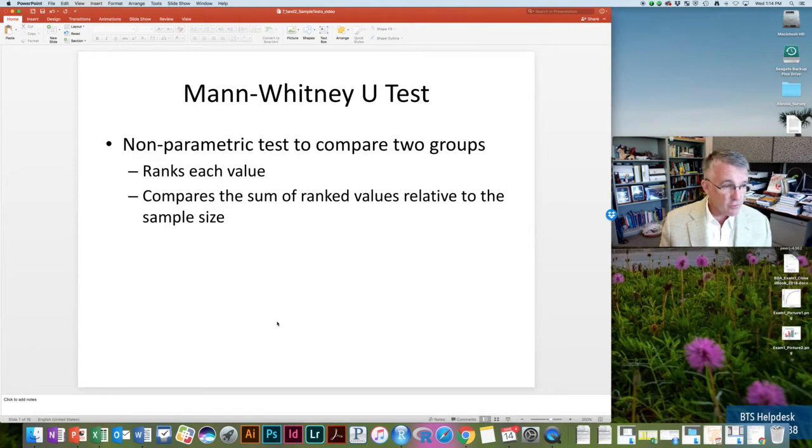So if you're measuring height of individuals to the closest centimeter, instead of actually using 175 centimeters and 155 centimeters and 181 centimeters, what you do is rank them all so that the smallest value gets the rank of 1, the next value gets the rank of 2, and then 3, and then 4, until you get to the highest value, which is your sample size, n. And what the Mann-Whitney U-test does is compare the sum of the ranked values relative to the sample size.